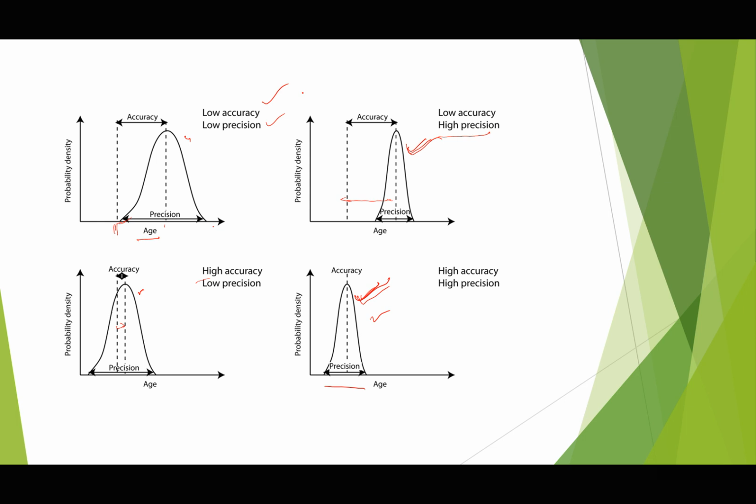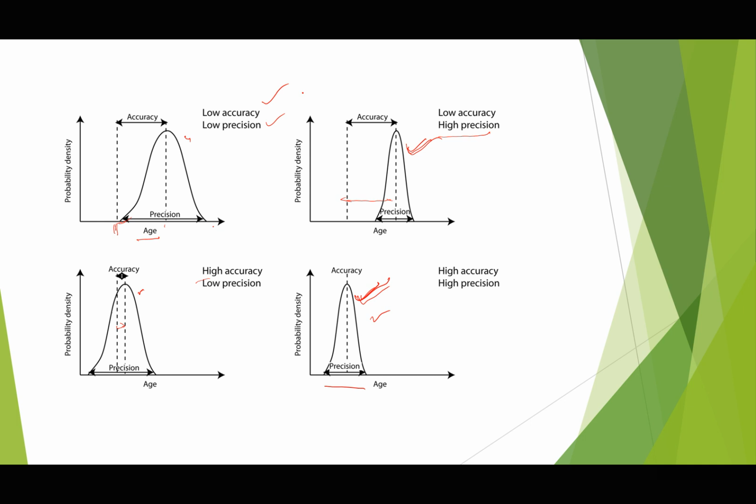Yet accuracy refers to how close the measured values are to the true value, or the accepted value, or the expected value. So the further the average is from the expected value, the lower the accuracy. The closer the average is to the expected value, the higher the accuracy.